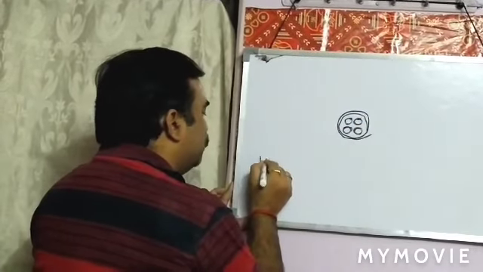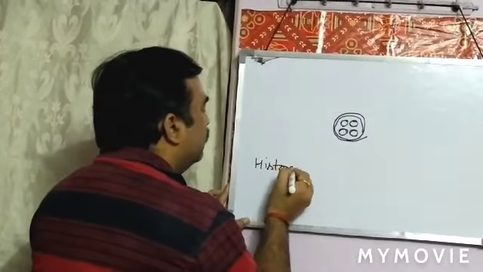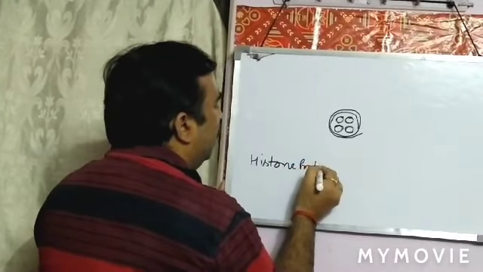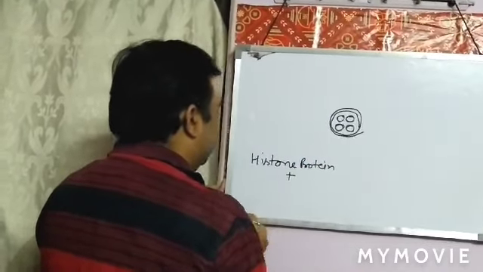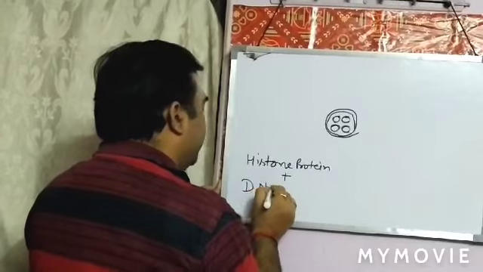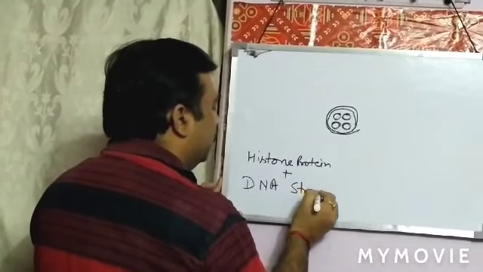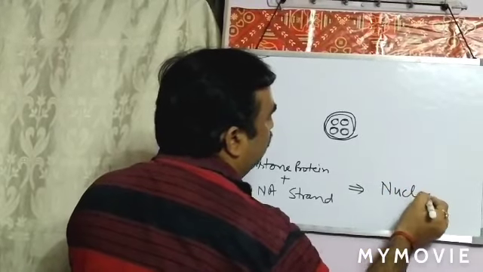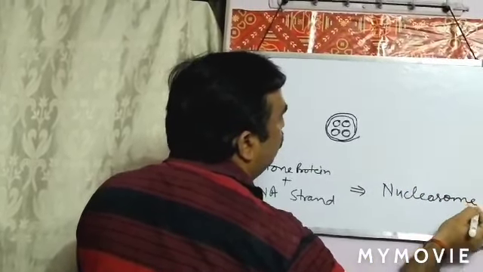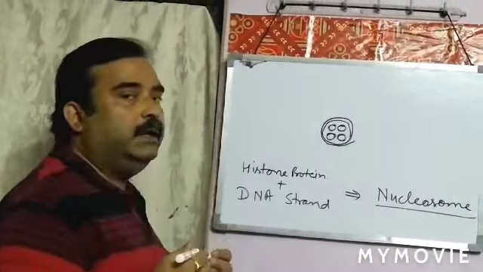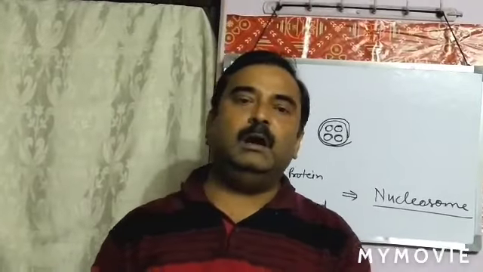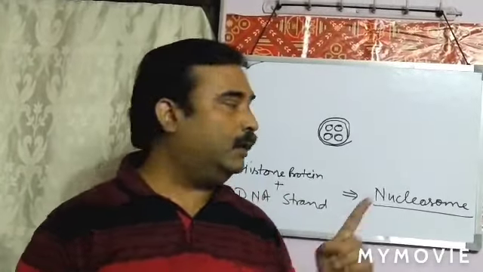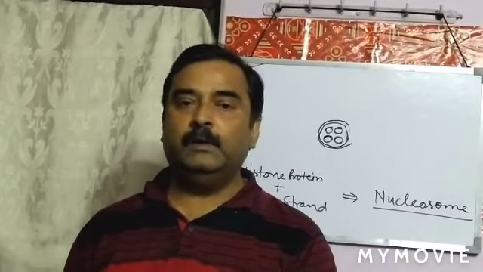So histone protein along with DNA strand is called nucleosome. So what is nucleosome? The DNA wrapped around the histone octamer is called nucleosome.